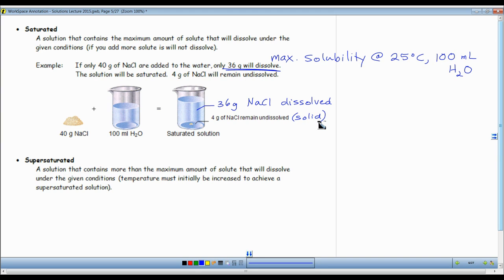In order to dissolve more than the maximum, you must initially increase the temperature, so that you can dissolve more than the maximum. And then you very carefully let that temperature cool back down to your 25 degrees or whatever it was.